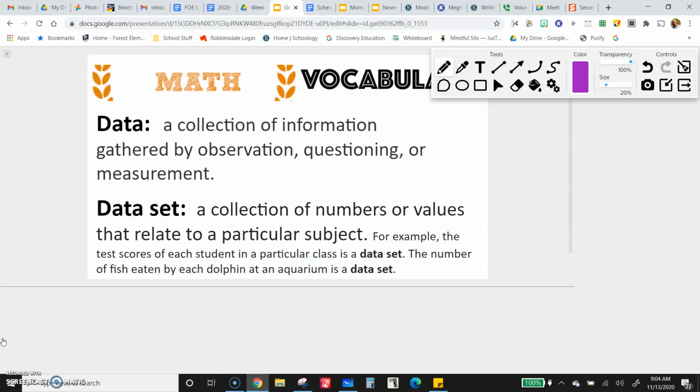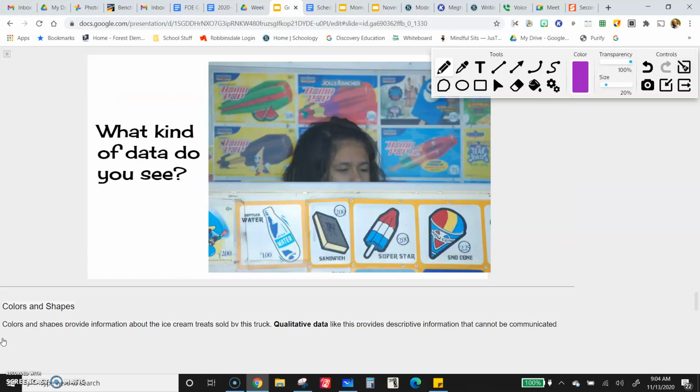Because data is really just a collection of information that we gather by observation, questioning, or measurement. So a data set is a collection of numbers or values. So we'll be looking at a lot of data sets, a lot of collections of numbers. So here we can see some different prices.